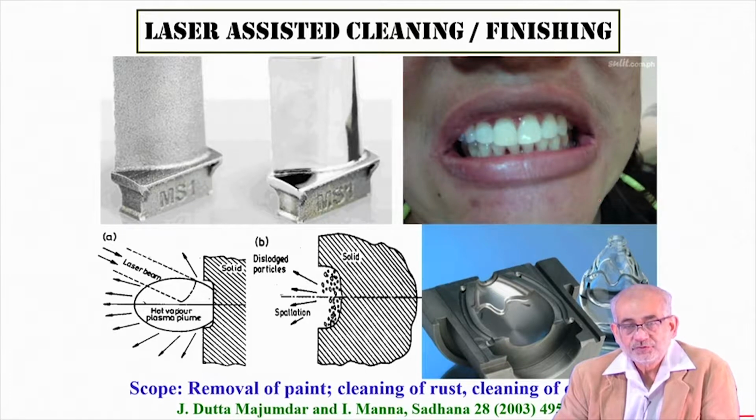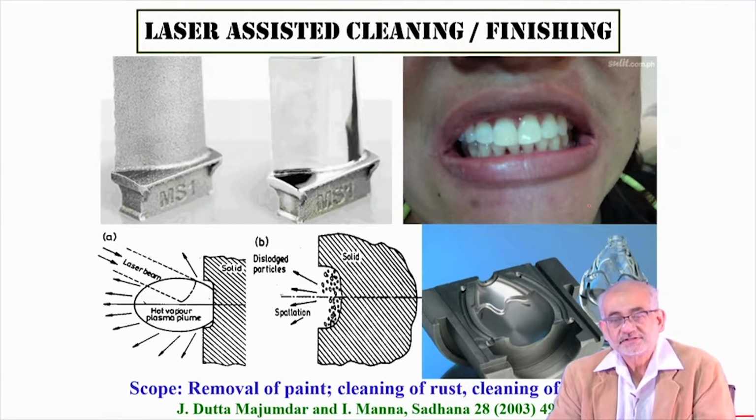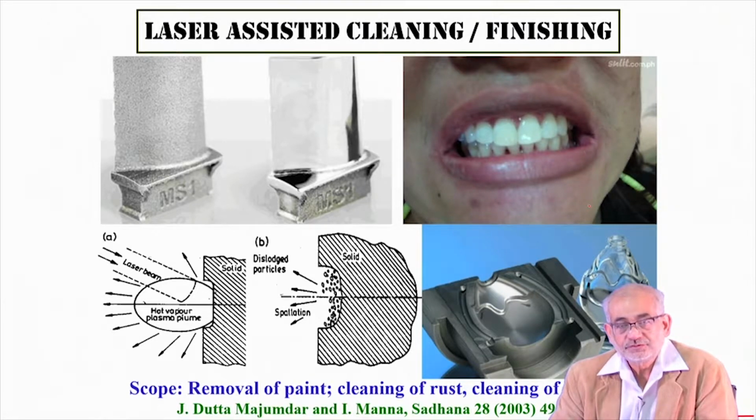So you have to remove those complex compound layers, and there is only one way you can do it. You can't even use a soap solution because that will react and make a different kind of color. So the only way is to remove the oxide layer or the reaction layer from the surface by way of vaporization. And laser can do that very, very precisely. So indeed, laser is used for cleaning priceless art objects.